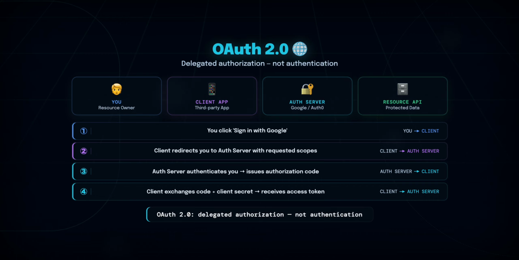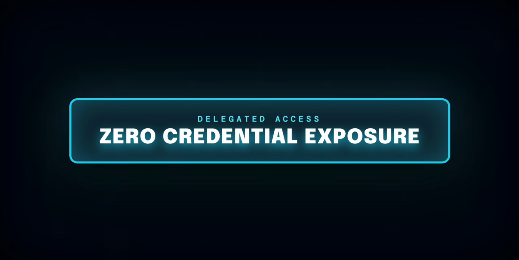You click Authorize, you are redirected to the authorization server where you log in and approve specific scopes. The server issues a short-lived authorization code, the client exchanges that code plus its own client secret for an access token. The access token is used to call the resource server. Your credentials never touch the client application at any point in this flow.